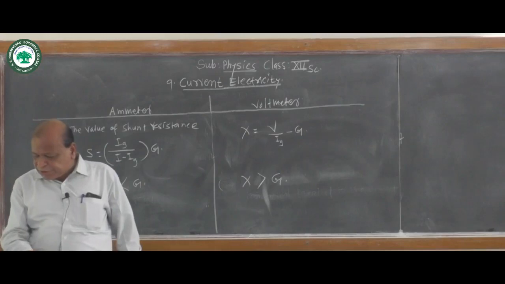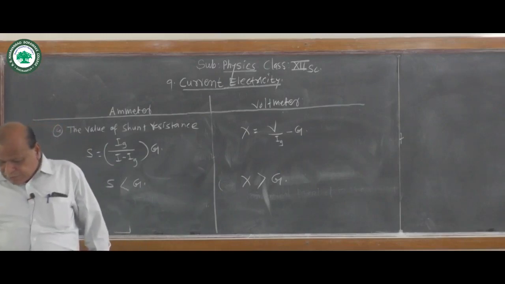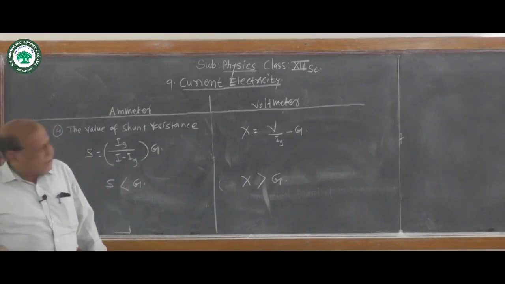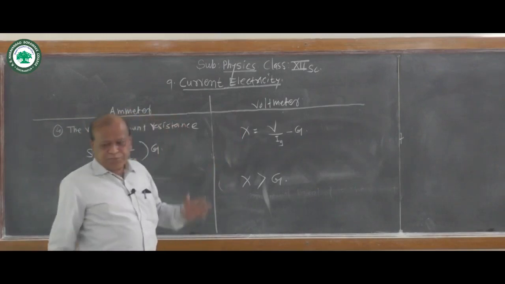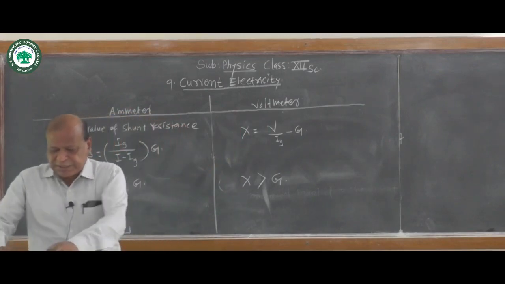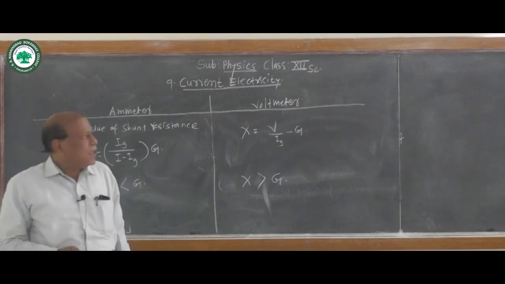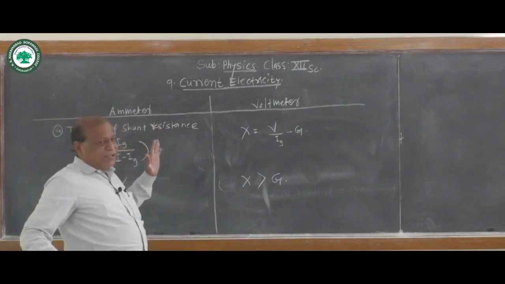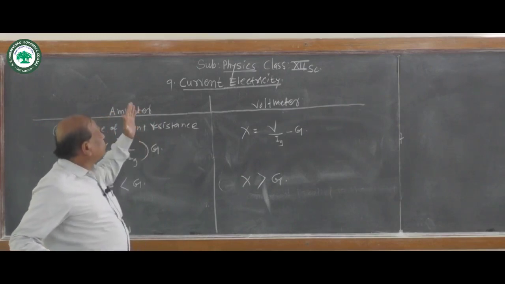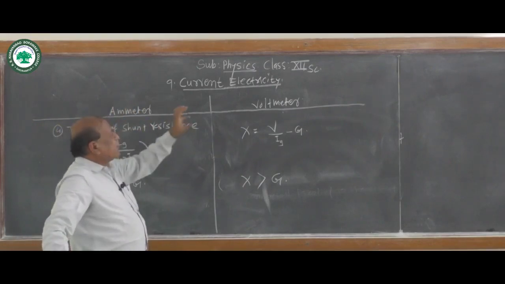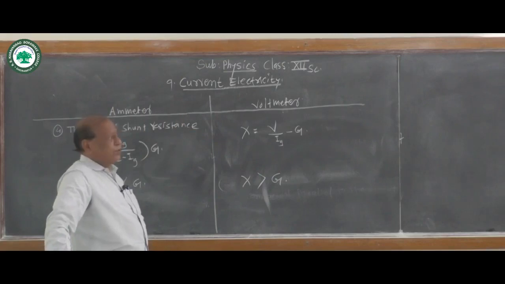One more point is there: one is connected in series and the other is connected in parallel. Already we stated that difference, and now we finish the two important electronic devices, ammeter and voltmeter.